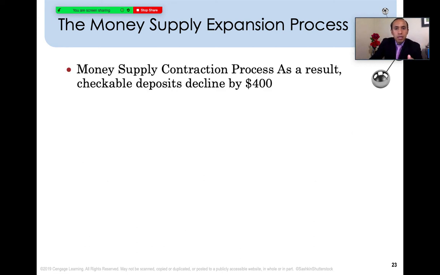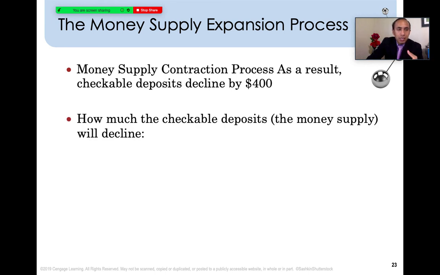So the money supply contracts by $400 because the banks lose the ability to use those $400 for additional loans or potentially additional deposits. If we decline the money supply by $400 by taking away reserves, how much would the checkable deposits decline? We can use the money multiplier as an expansion effect to see how much money increases, and we can also use it to show how much money will contract if we take off reserves.